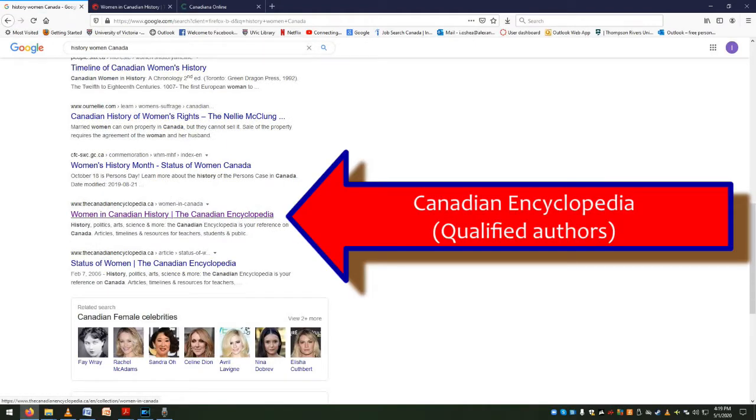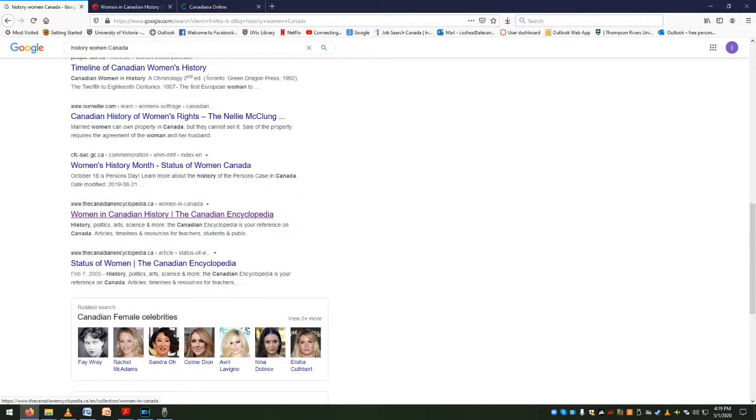The Canadian Encyclopedia is a better source for the reason that it's being written by authors who have scholarly credentials, and they provide a more balanced and more accurate summary of topics. Wikipedia, in contrast, can be kind of hit or miss, especially for Canadian history topics that might not receive the same kind of popular attention as others.